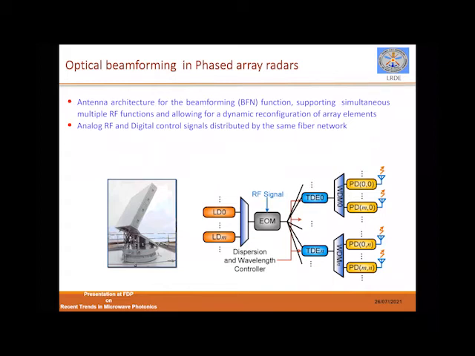Here the outputs from the antenna elements are converted to the optical domain during reception, and since there are multiple channels, we can multiplex the signals and send them through a single fiber to the time delay network. I hope you remember that I showed you one equation in which, with time delay, there is no dependency on the frequency, so there is no squint effect.